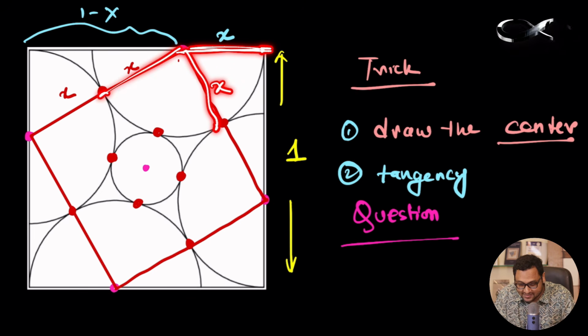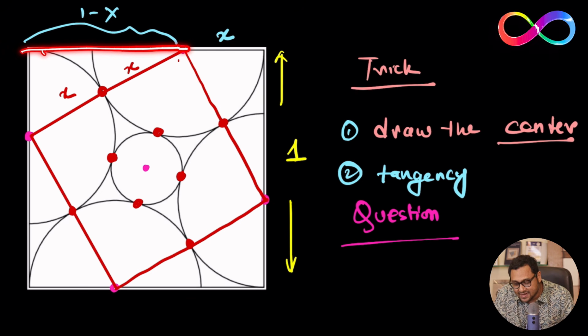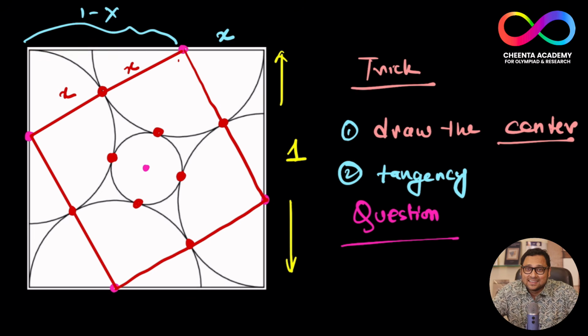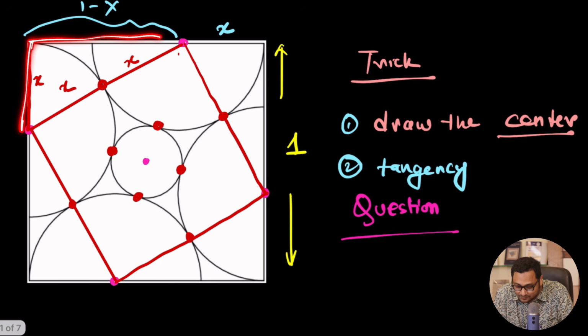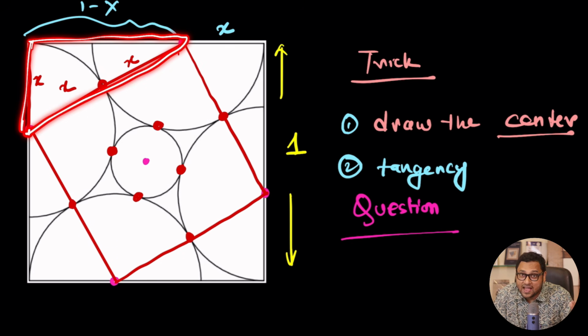All of these are x. And why is this 1 minus x? Because the entire side length of the square is 1. So you remove x, so you get 1 minus x. We also know that this little portion is x. So in this right triangle, we can use the Pythagorean theorem to figure out the value of x.